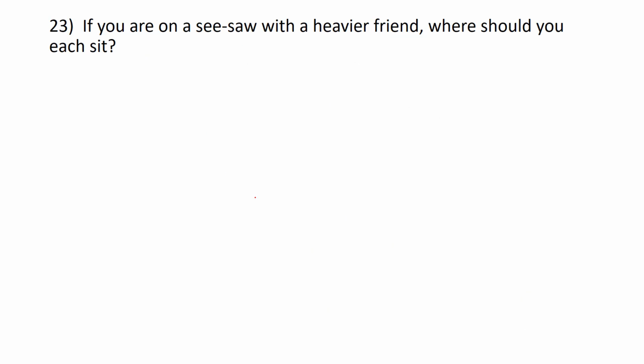Okay, you're on a seesaw with a heavier friend. Where should you sit? Okay, so if your friend is heavier than you, anytime you're going to have that, I'm trying to figure out where the fulcrum is going to be. Well, so more force, less force, but you want to sit more distance away so you can equal out the torques.